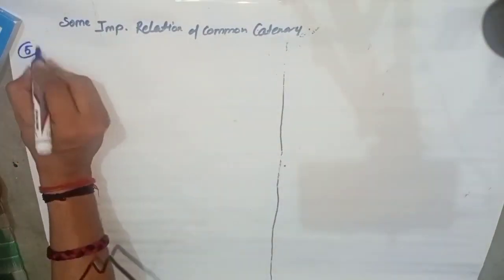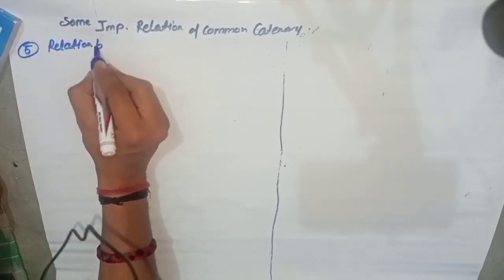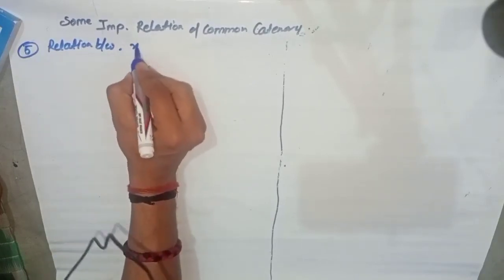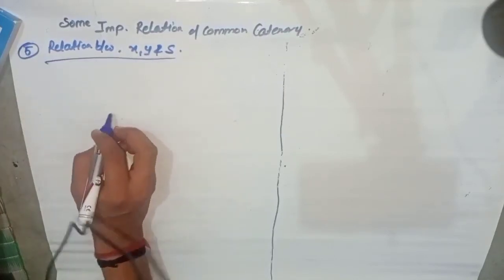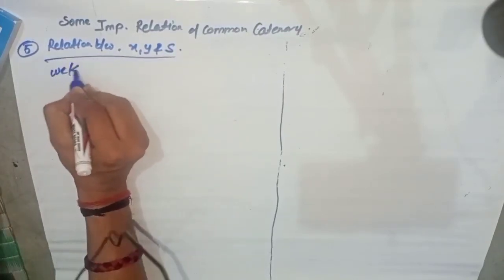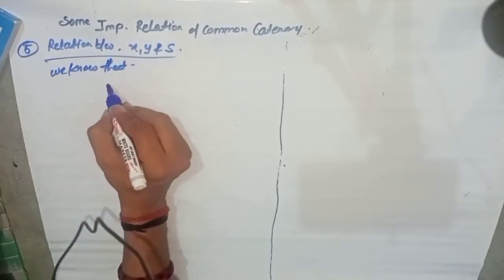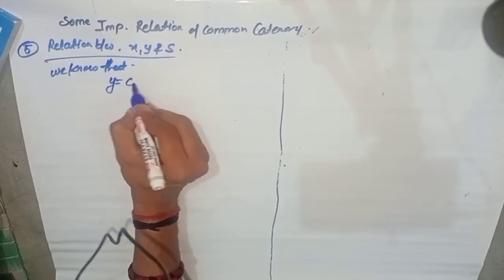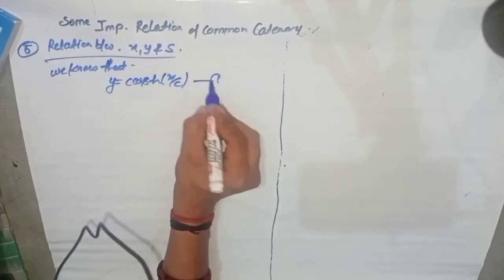Now the fifth is the relation between x, y and s. We know that the first is the Cartesian equation, y = c cosh(x/c). This is equation first.